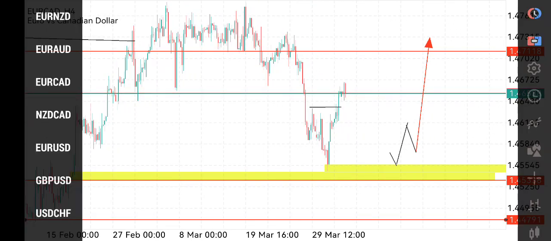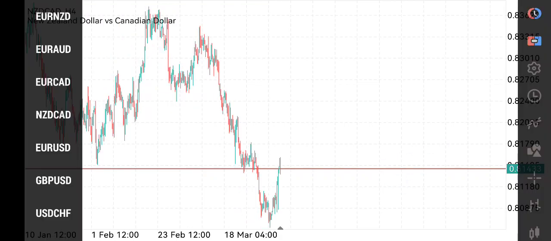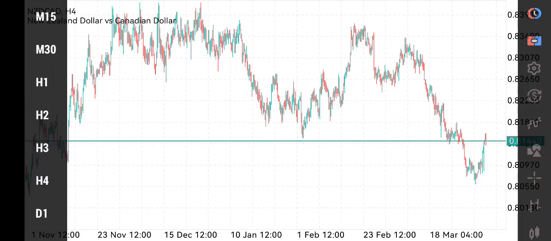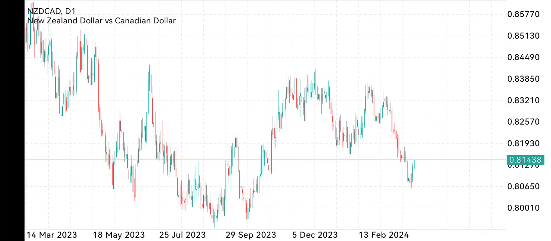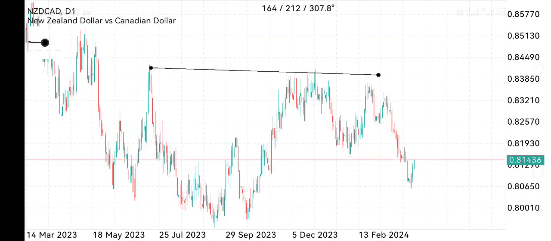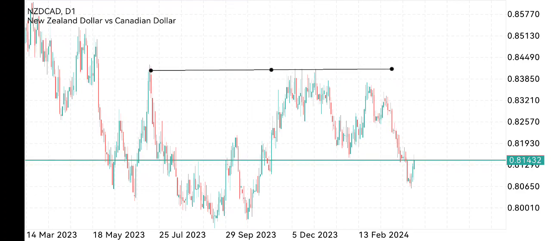And then let's go to another pair, which is the last one, which is Nzdcad. Nzdcad, you zoom out, you go to daily time frame. You'll see that on daily time frame we have this liquidity here.